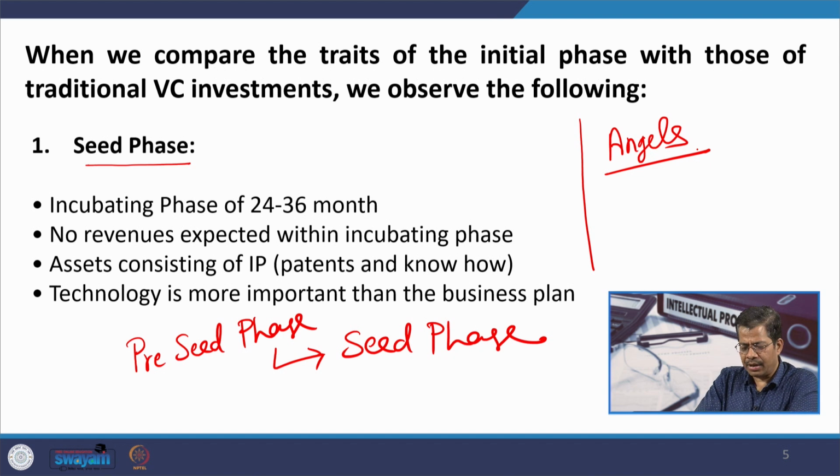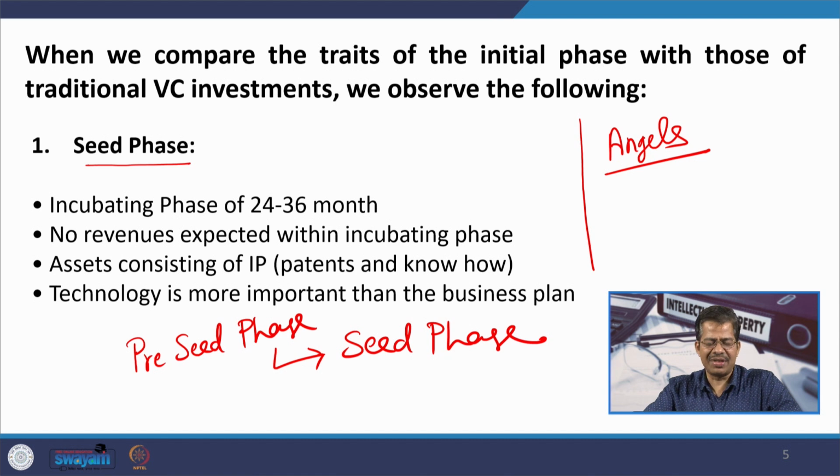Angels are there who will take higher risk when clarity is less, more clouds are there, a foggy environment is there. So, to support at this time, angels are available, and angels will help you by giving grants, funds, etc.